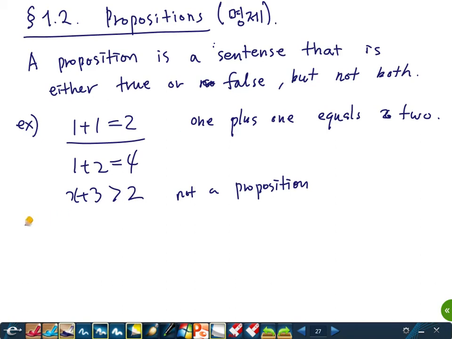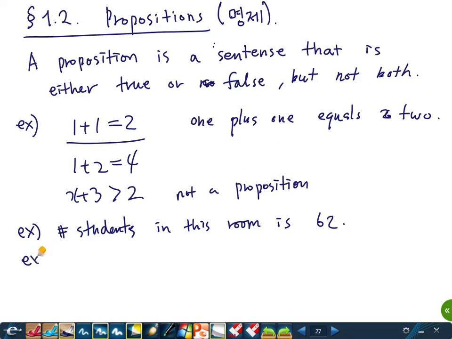Okay, let me tell you more. The number of students in this room is 62. Do you think this is a proposition? Yeah, right now. Yeah. So yeah. What about this?